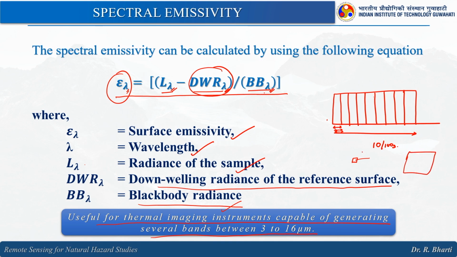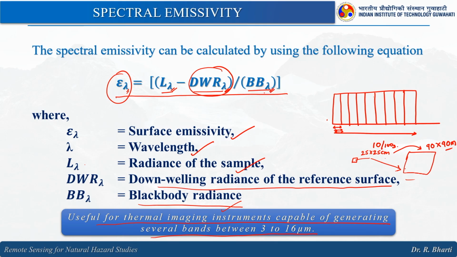Here it was in the order of 25 by 25 centimeter, and if you refer to any satellite thermal data, you will find it is in the order of 90 by 90 meter. That is the reason behind this coarser spatial resolution.